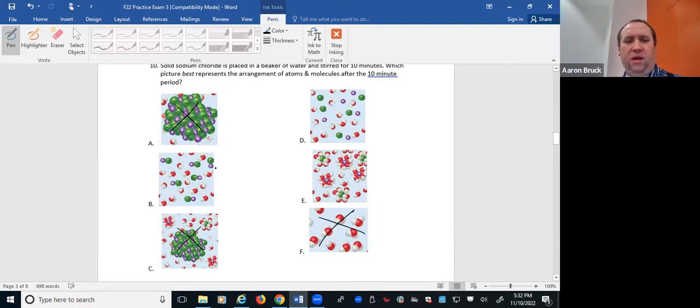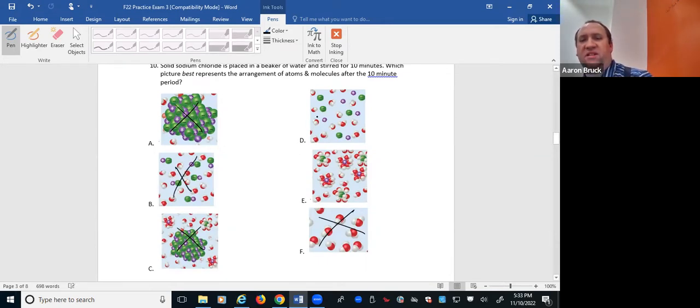So we can rule out letter B because letter B doesn't really show that the water molecules and the ionic compound are interacting. All it's showing is that we've separated individual pluses and minuses off of the larger plus and minus.